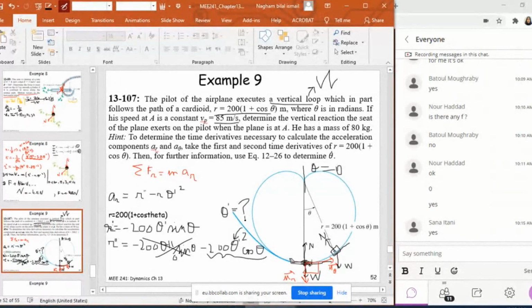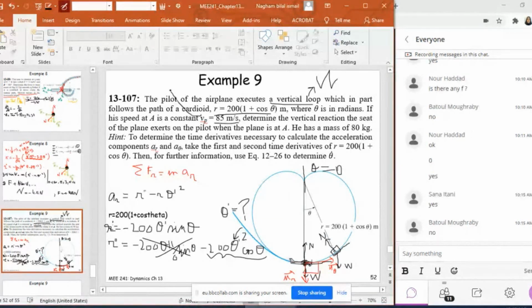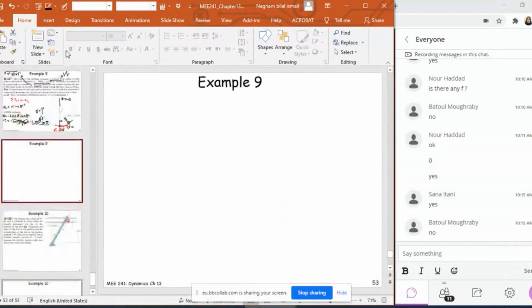But do I know theta dot, guys? In fact, I don't know theta dot, but I can find it because I know that the velocity equation is equal to the square root of the components in radial and transverse direction, R dot squared plus R theta dot squared. All right. So let's do it in the new slide.